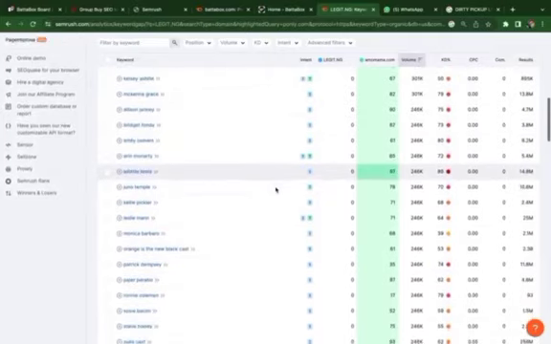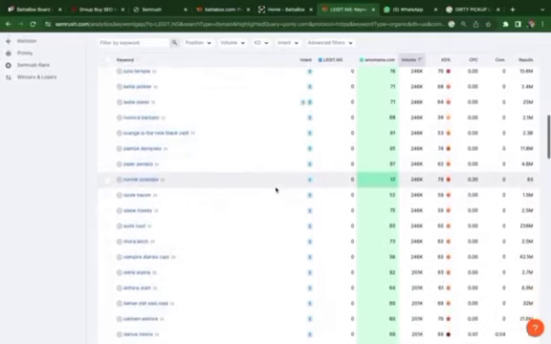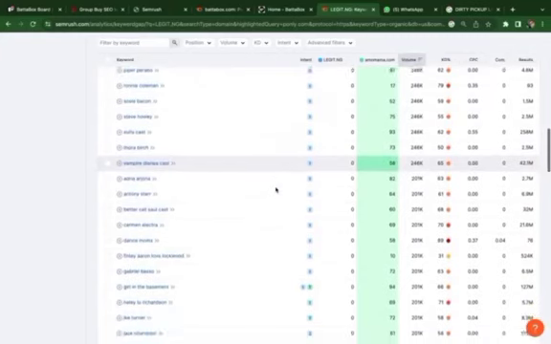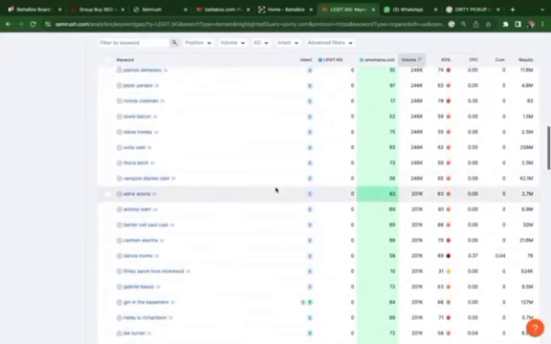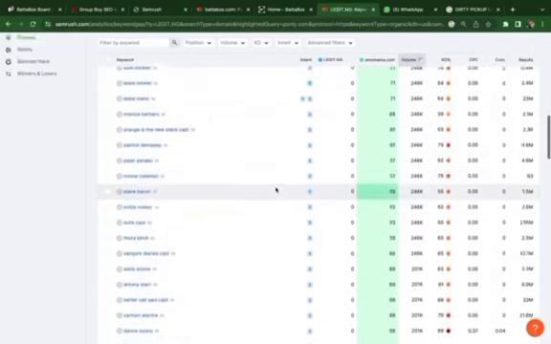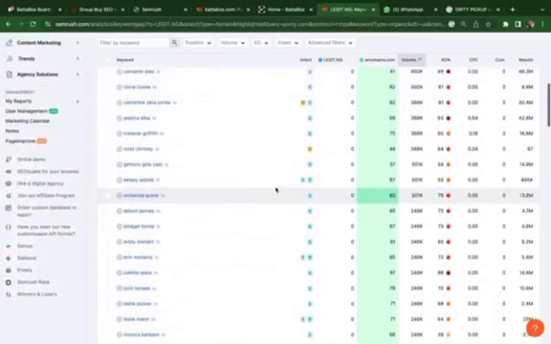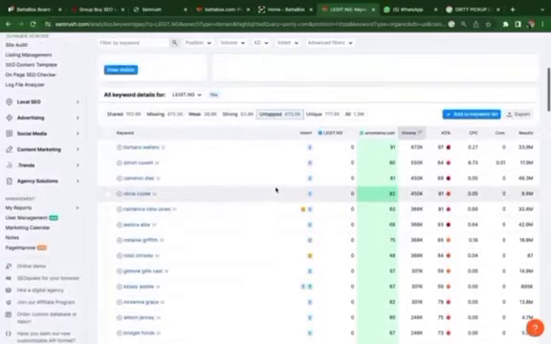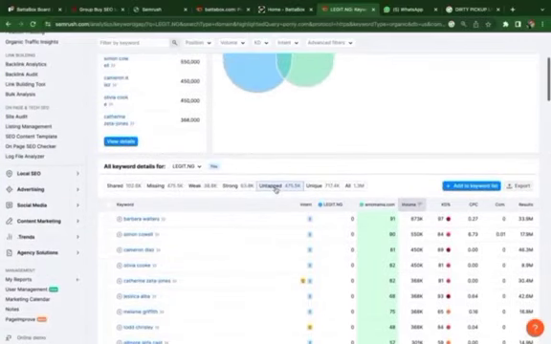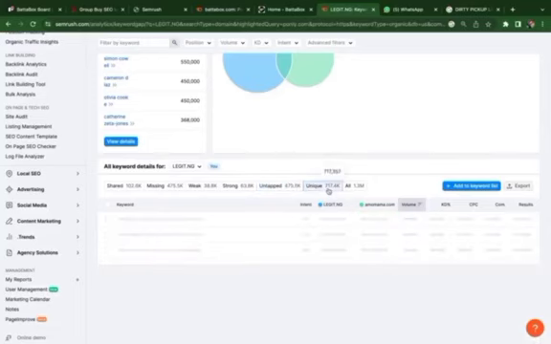So I wouldn't advise a website that is just starting out to target these keywords. They have crazy search volume, but their KDs are high. They are very high. You can even see that SEMrush is showing red, which means danger. Don't go there. Now we are going to take a look at the unique keywords.